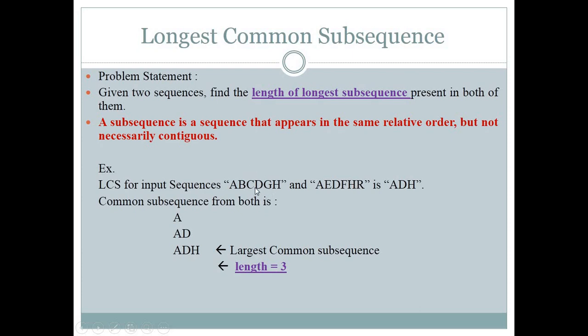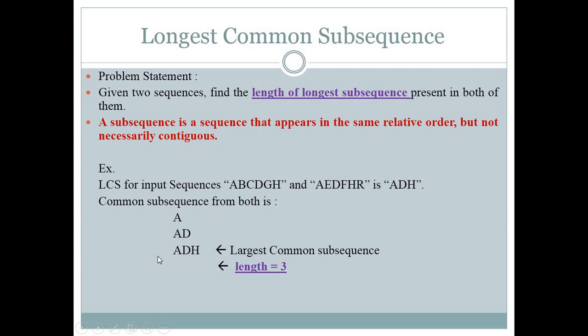After c we continue the process with d: d with e, not matching, d with d, they are matching, so we put d here. The same process follows and we find our subsequence a, d and h, and at the last point we find its length. So our longest common subsequence length is 3 here.